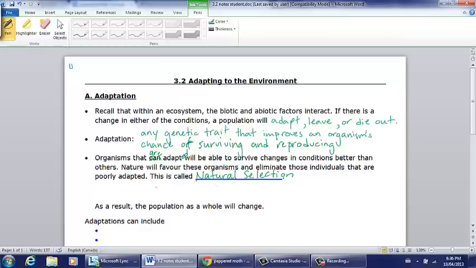So natural selection, I want to say those that survive will pass on their traits. And as a result, the population as a whole will change.